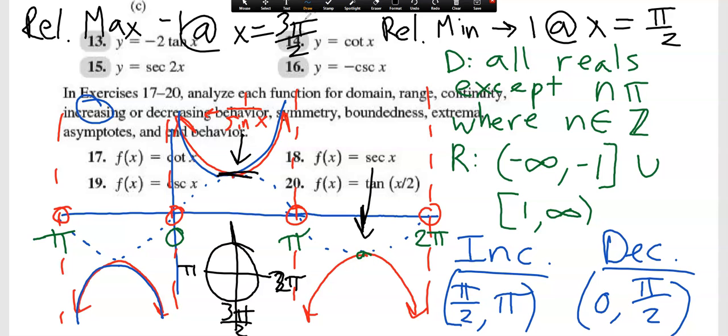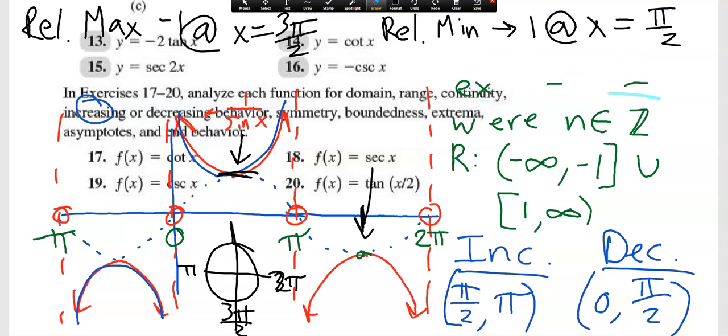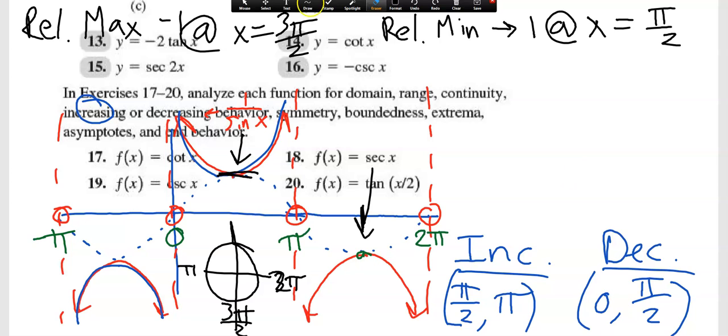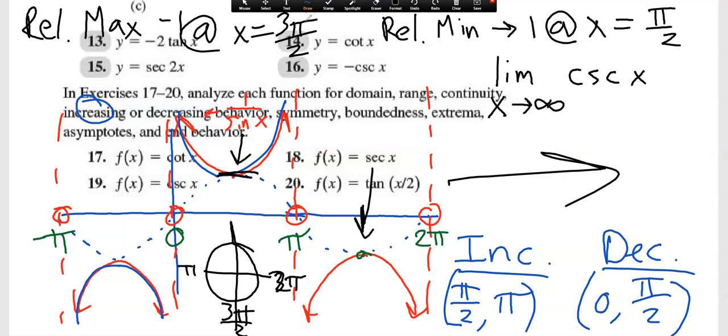Okay, last thing they want to know about is end behavior. End behavior requires we write something that you all hate, and it doesn't really matter. I'm going to do it anyway. Remember this? The limit as x approaches infinity. Okay, folks, we're going that way on the graph, a long way.